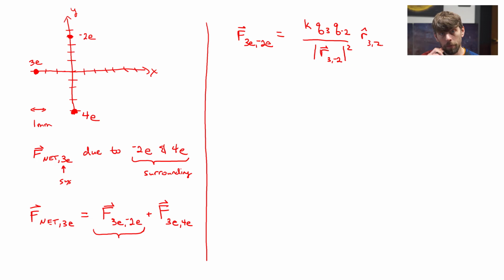Now the problem, we already have the charge values, the q's. We already know the Coulomb constant k. So this problem, finding the force, boils down to determining what the relative position vector is.